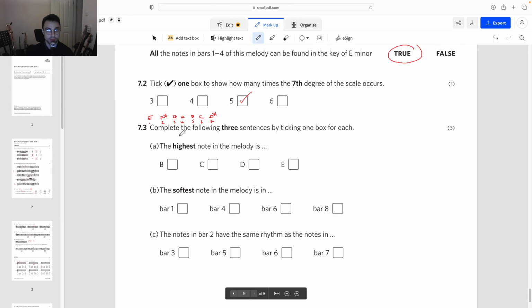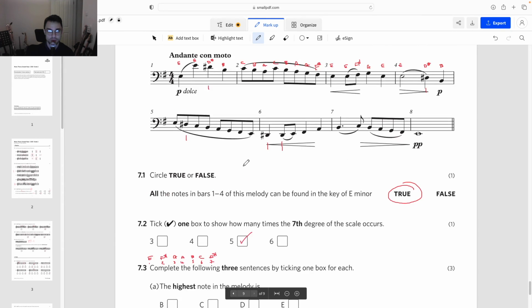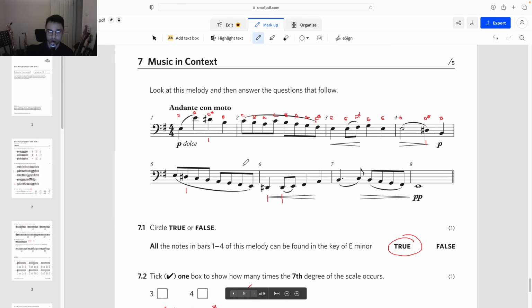7.3. Complete the following 3 sentences by ticking one box for each. The highest note in the melody is... Alright, so the highest note in the melody is B, C, D, or E. Let's go in and find out. Of course, we're just going to be looking for a note that's up at the top of the stave. And we've actually already done the work. We found this note here. We wrote what it was.